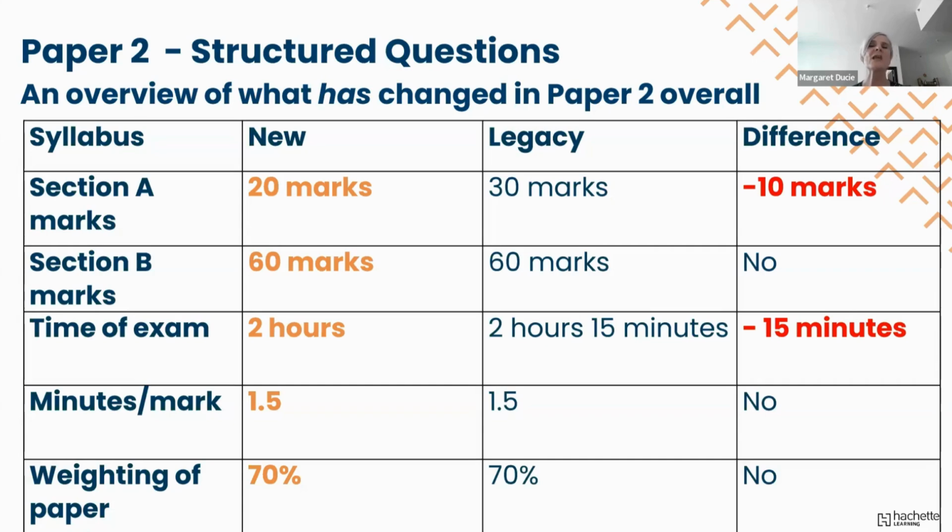And so the big change again there is the exam is now only 2 hours instead of 2 hours, 15 minutes. So paper 2 will still be worth 70% of the marks and the minutes per mark are 1.5 minutes per mark, but there are changes. It now has less marks than previously.